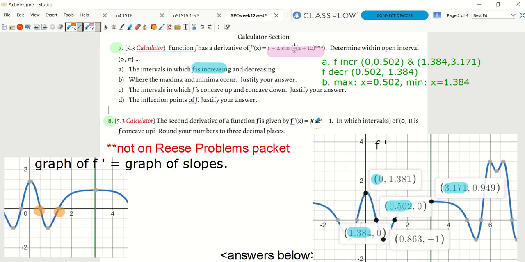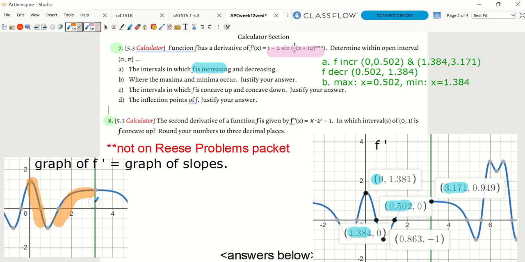So here, this is the graph of slopes. Slopes are decreasing here, so that's when it's concave down. And slopes are increasing here, and that's where it's concave up.